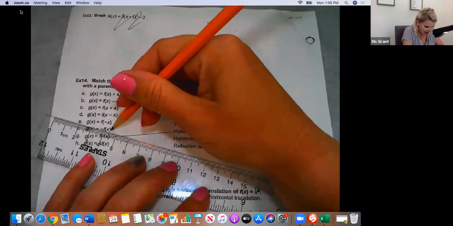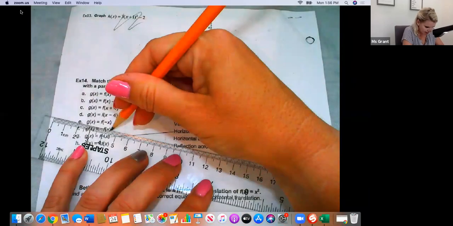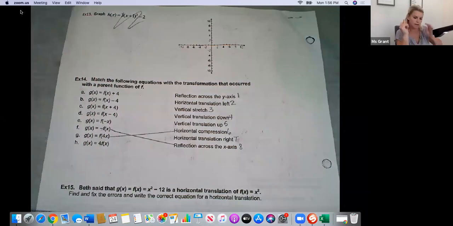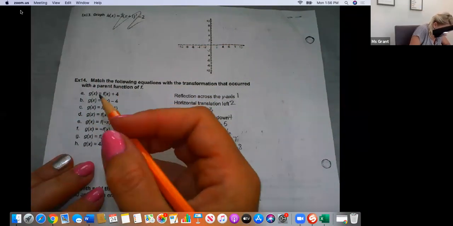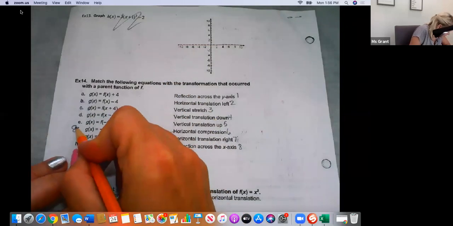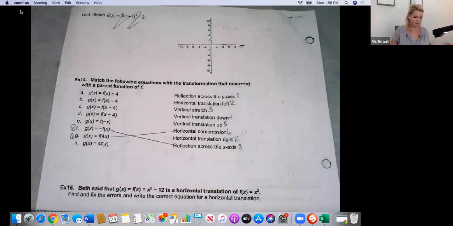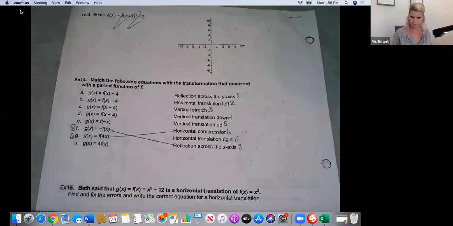F, negative A, negative in front, that's an x-axis downward, right? So F is an 8, G is a 6. You guys work on the others. We have like 4 minutes. Go ahead.